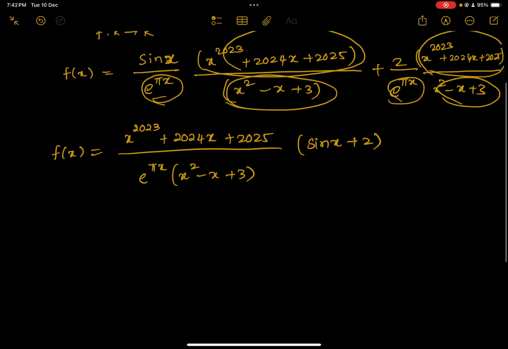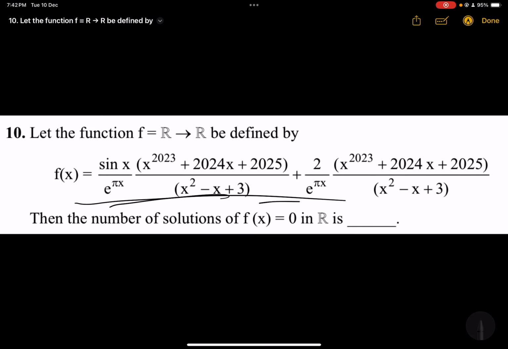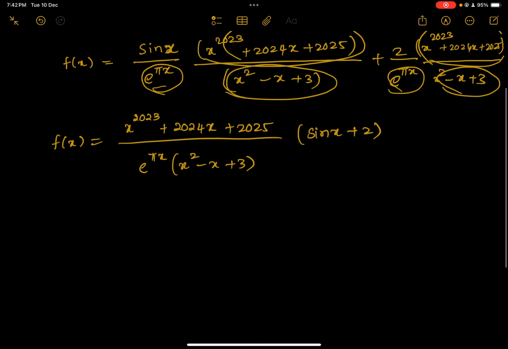This is the function actually. So unnecessarily the function they have given here, they did not put it in a proper format. When you take a look at it, you think it is a very big function and you'll skip this question. So they just played with you. So this is the function.